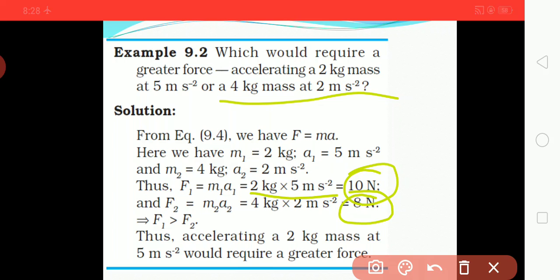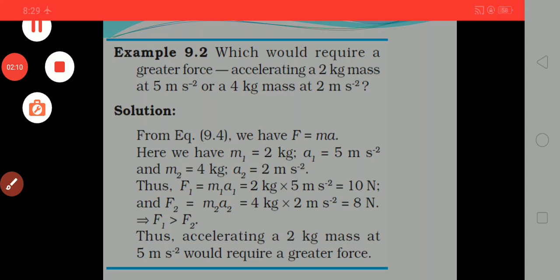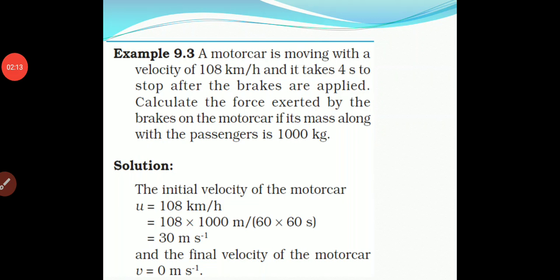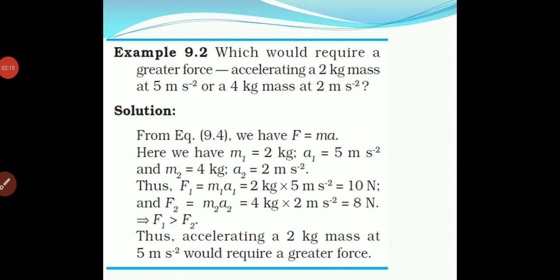Through this we can find that F1 is greater than F2. Thus, accelerating a 2 kg mass at 5 meters per second squared would require greater force as compared to the second one.